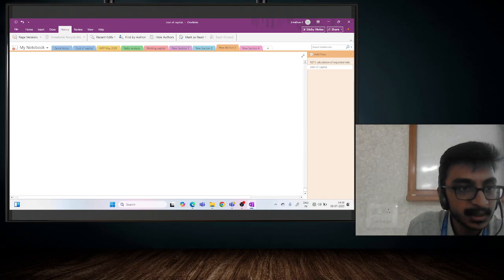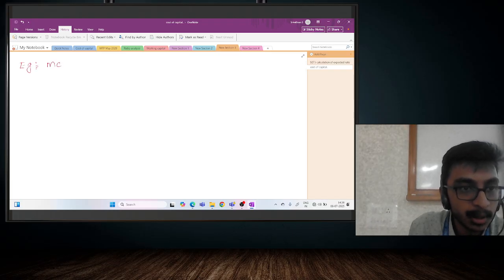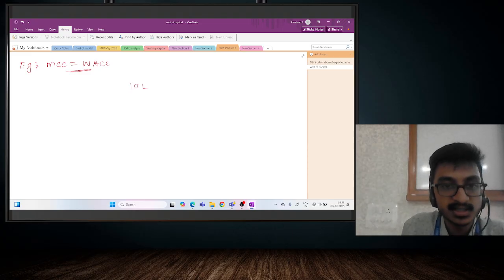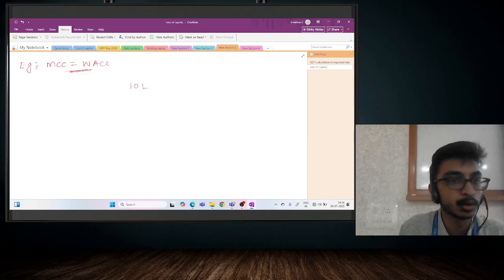So let me give you an example. For example, let's say the organization has an existing capital of 10 lakh rupees.